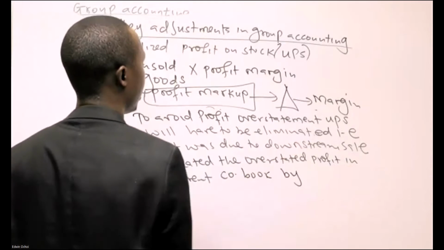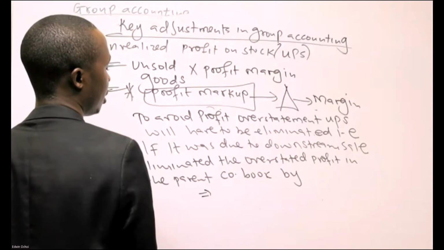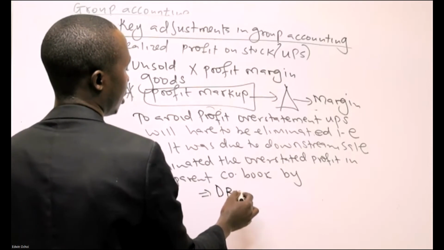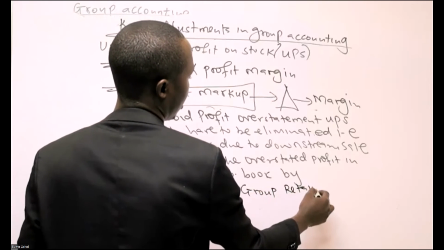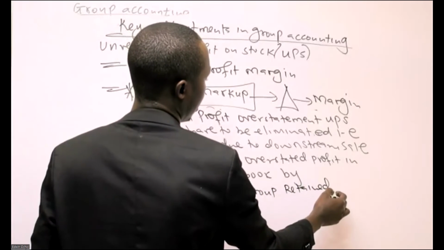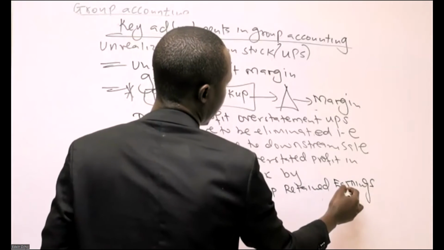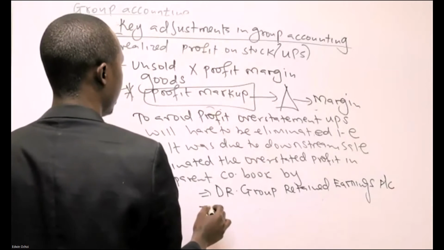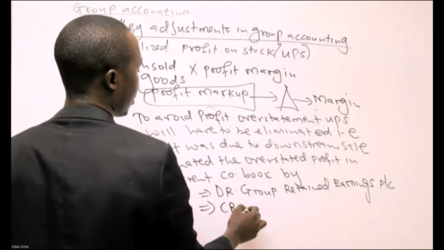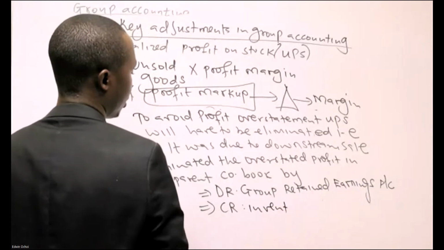To eliminate profit, our retained earnings will be debited. Debit the group retained earnings account.